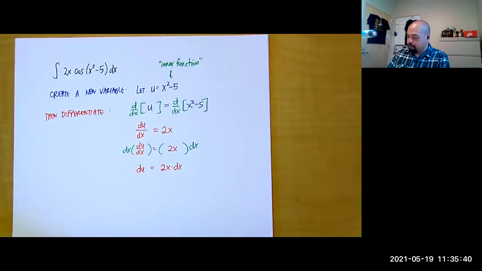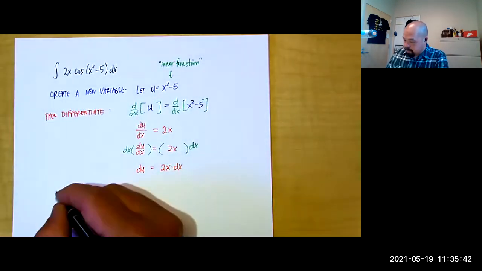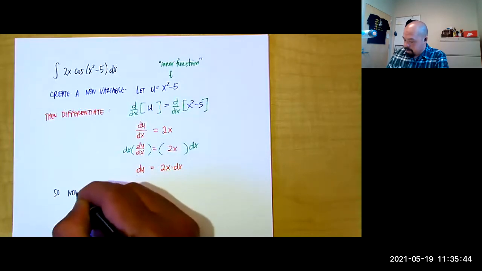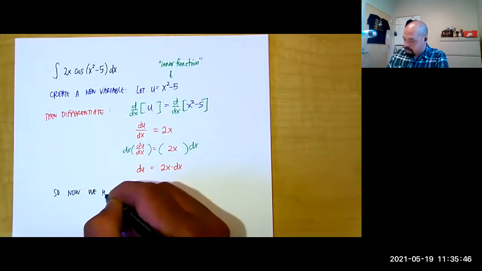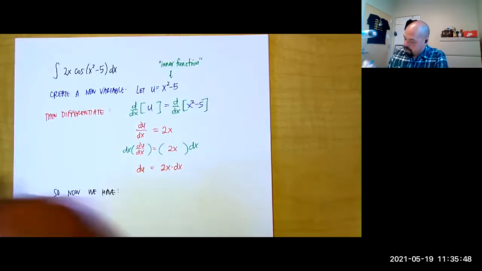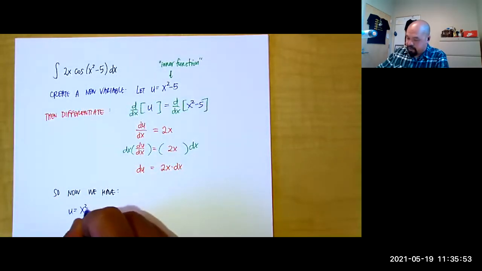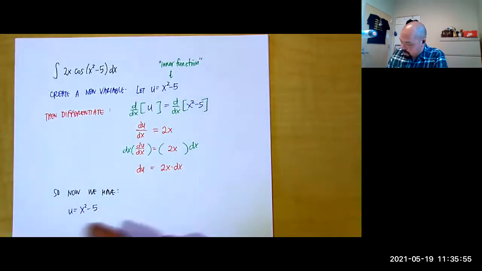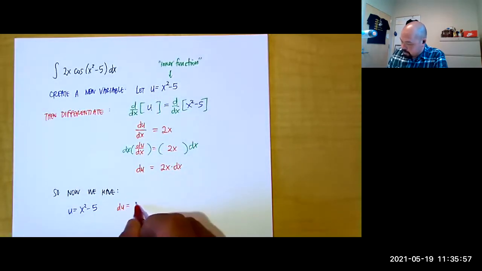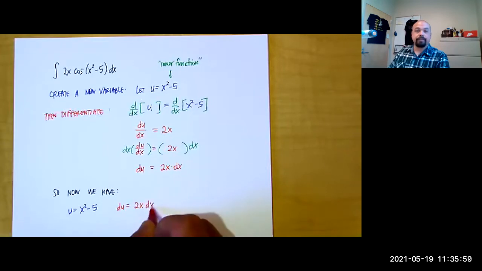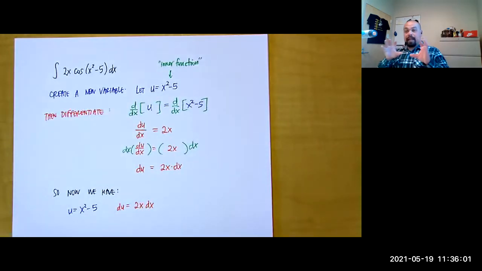Now we have these statements: u is x squared minus 5, and du is 2x dx. We have created these new statements.